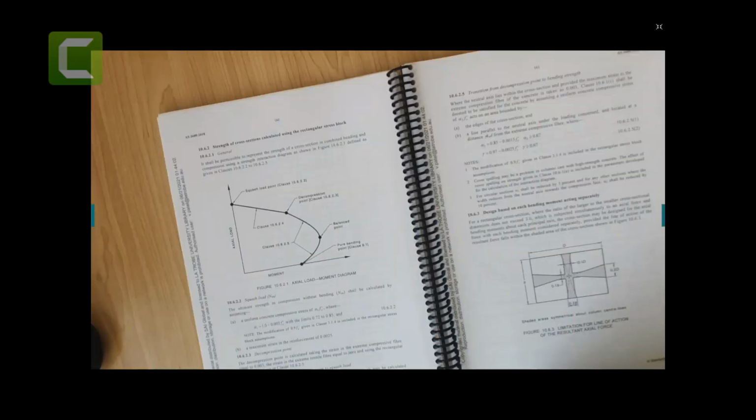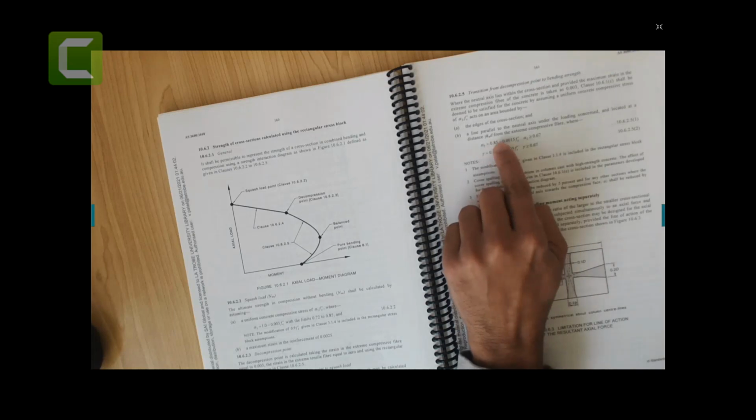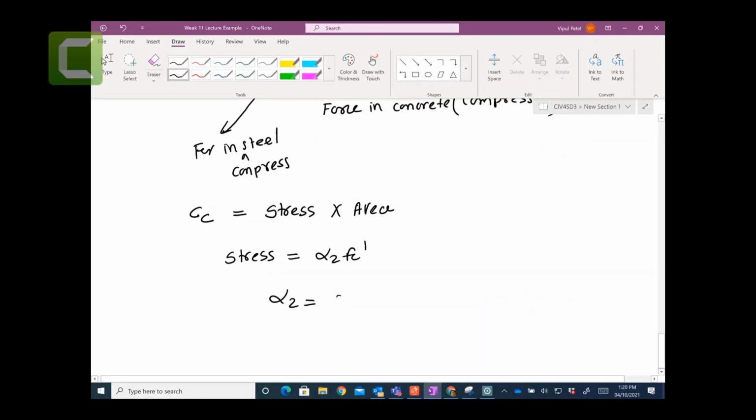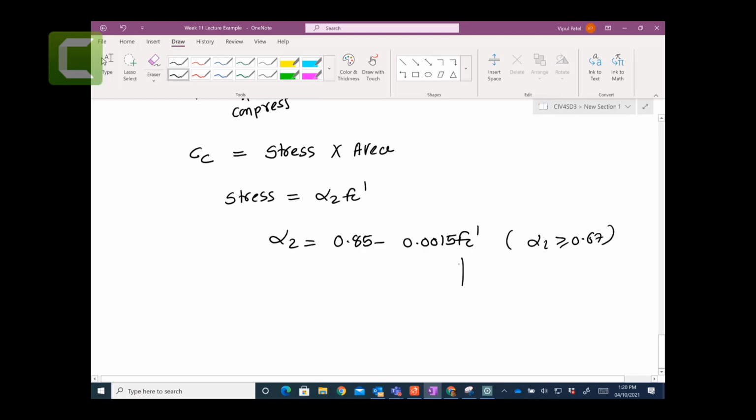Alpha 2 would be 0.85 take away 0.0015 f'c, and alpha 2 should be greater than or equal to 0.67. That's the check we need to make.